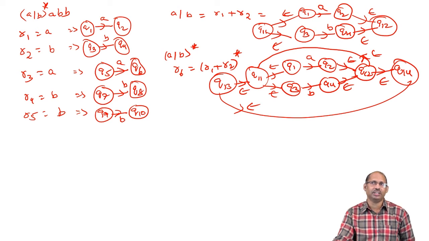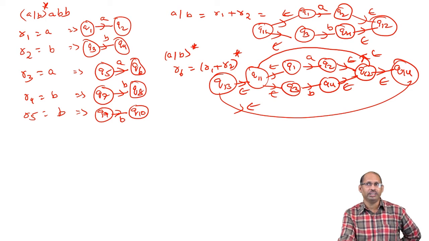So R6 equals (R1 plus R2) closure. Q13 and Q14 are the new states added to R1 plus R2 to make it the closure.